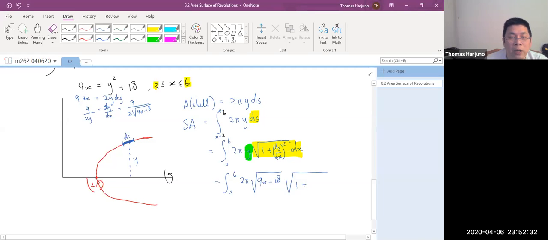Now that's my dy/dx. So if I square it, I get 81 over 4 times (9x minus 18) dx.